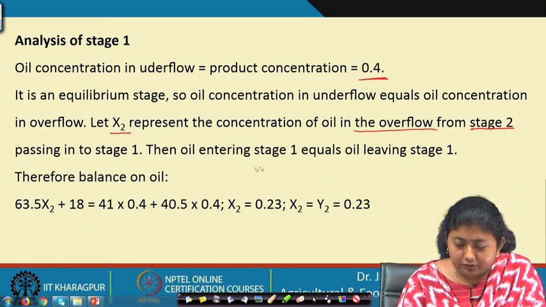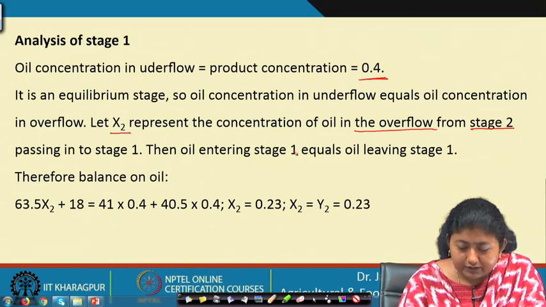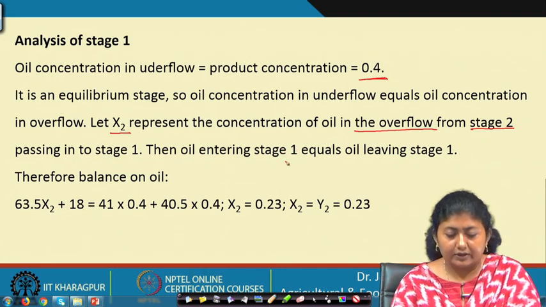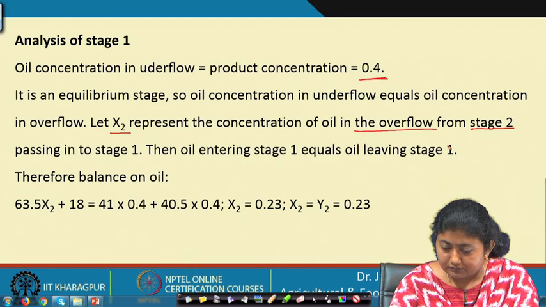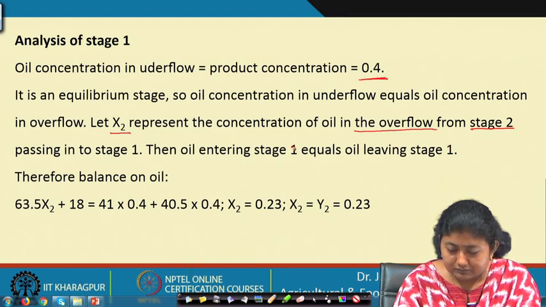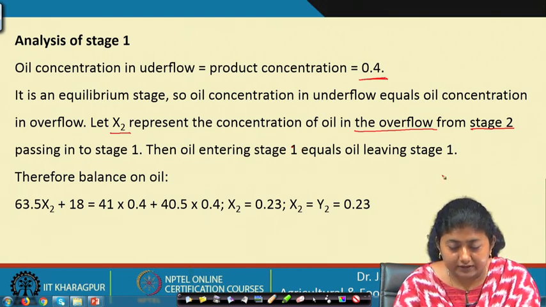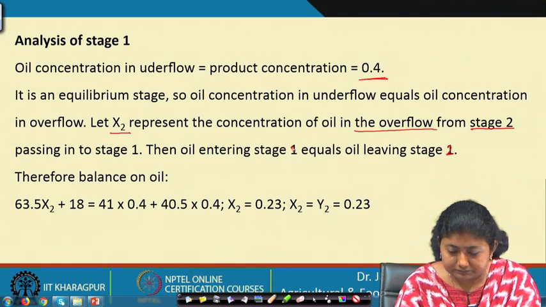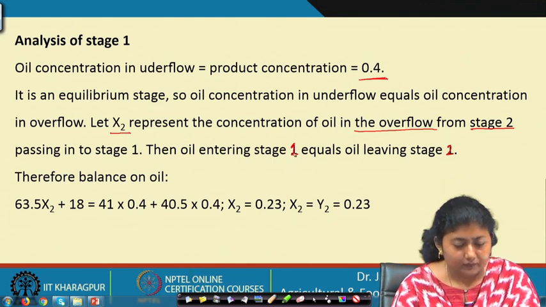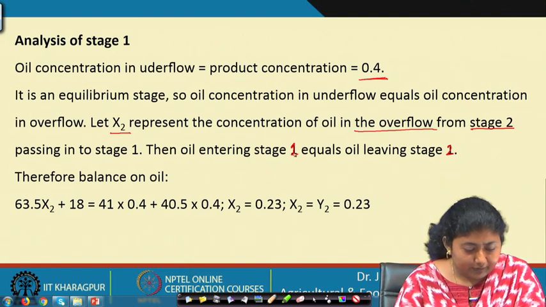Okay, the oil entering stage 2 comes from stage 1. So, the oil entering at stage 1 equals the oil leaving at stage 2. Since the solvent is coming from the back side, it is actually the oil leaving stage 2 that is coming into stage 1. Therefore, we can calculate the balance.